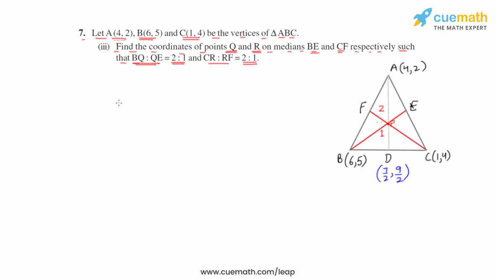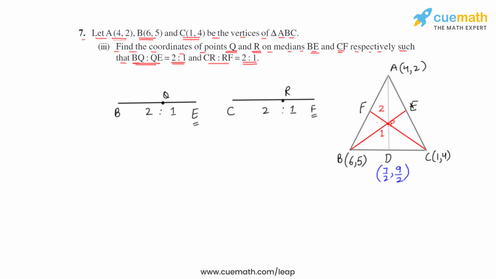So if this is BE and this is CF, then on BE there is a point Q, on CF there is a point R, which divides it in ratio 2:1, here also 2:1. So we have to find the coordinates of Q and R. But before finding the coordinates of Q and R, we'll need the coordinates of E and F.